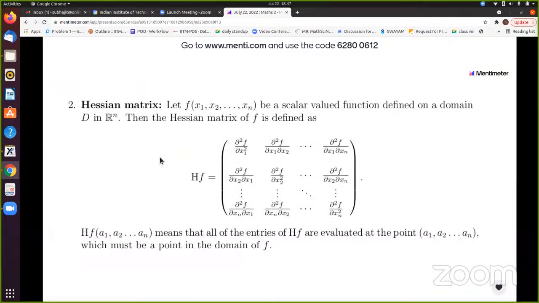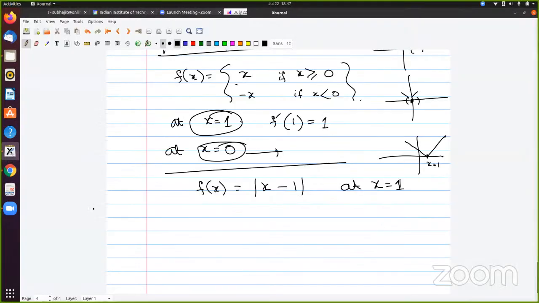As you have seen, for critical points the Hessian matrix comes into the picture, and this is the general form of the Hessian matrix for n variables. Now, suppose for two variables we want to write the Hessian matrix, how will the matrix look? First we have the gradient.